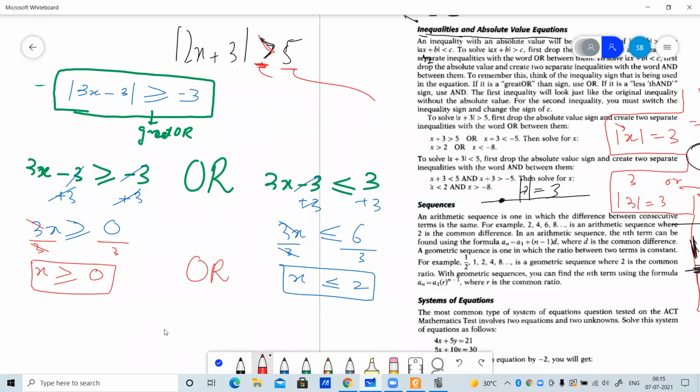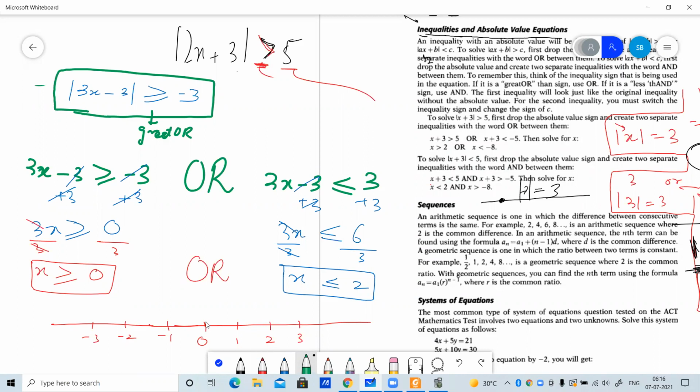Beautiful. So now we can use the number line. For example, you have 0 here, 1, 2, 3, and so on, -1, -2, -3, and so on. It's telling you x is greater than or equal to 0. So I'll reach 0. Will I make a solid circle or a hollow circle?